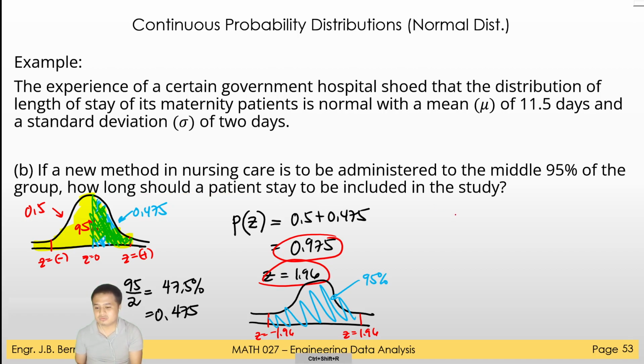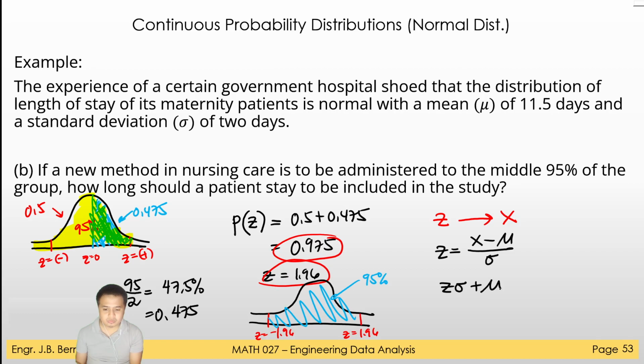Therefore, we're trying to look for X. We have the Z value, so we will now transform back to the value of the random variable X. We know that Z is equal to X minus mu over sigma, so we can rearrange this into Z sigma plus mu is equal to X.